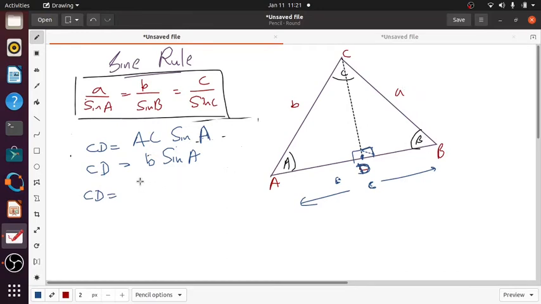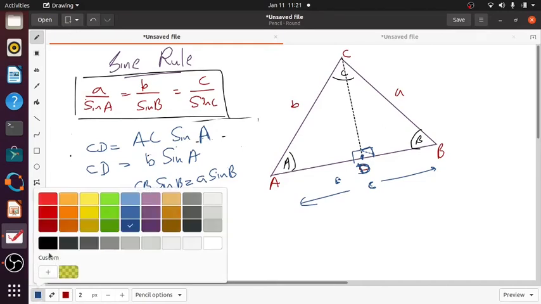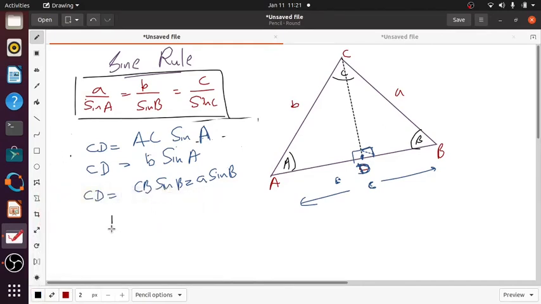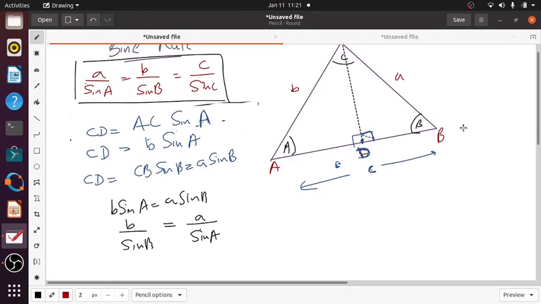So this would be CB sine B. So CB means a, so a sine B. Now CD is the same side, so these two are equal to each other, which gives me this relationship: b sine A is equal to a sine B. So this means that a over sine A equals b over sine B. Right. So likewise we can select another side.